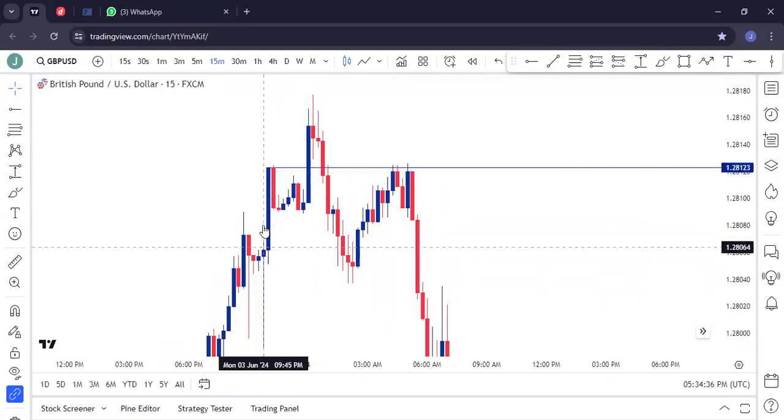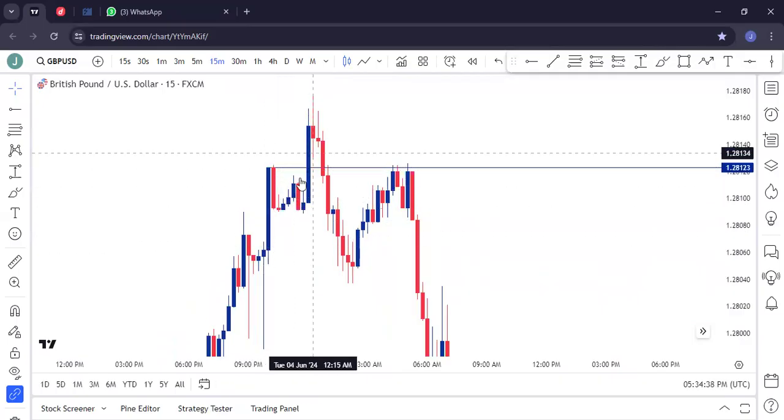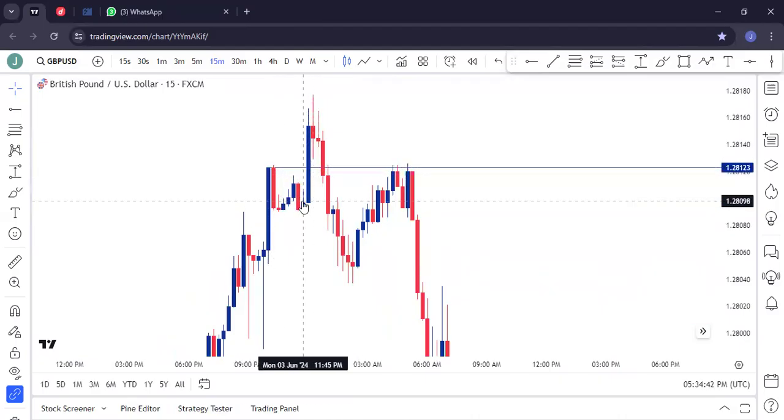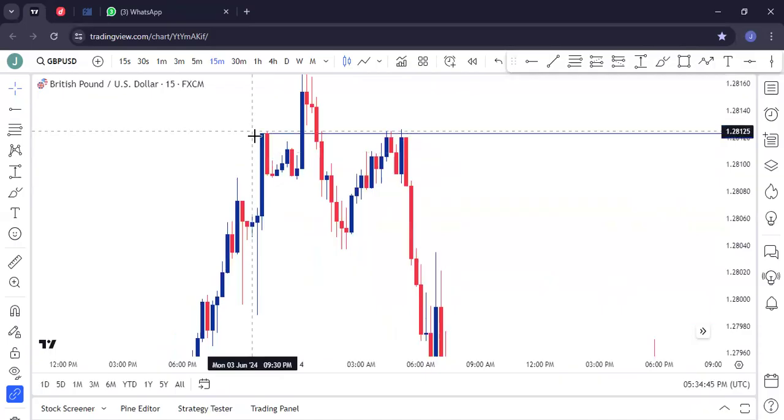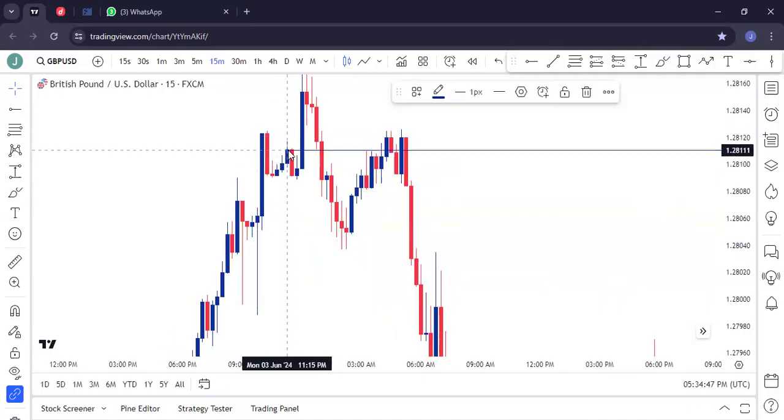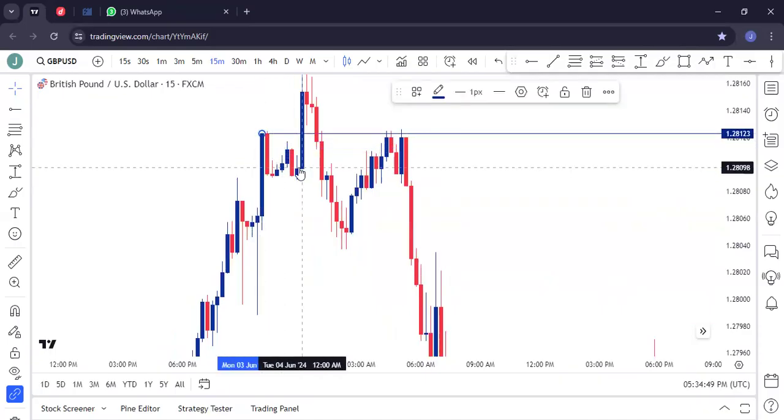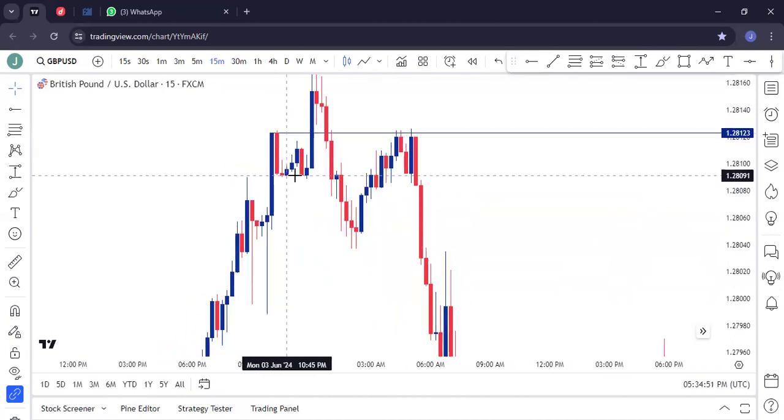As you can see, the market created a trend before coming to break this high here. Now, we could put the entry here only if the market closed at this point.